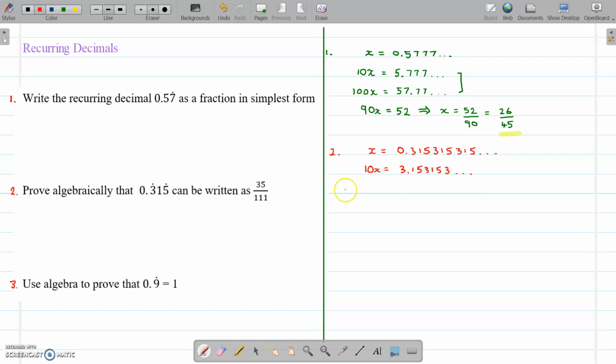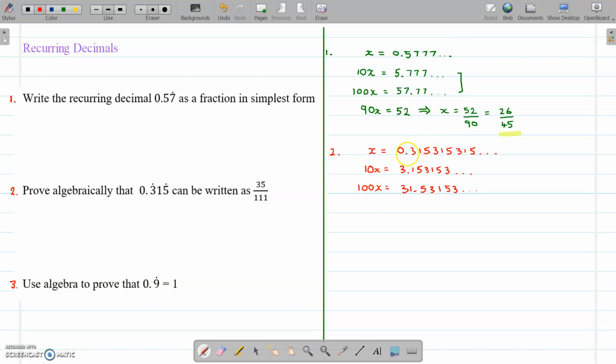Then we do 100x, and 100x is going to be 31.53 and so on, but we don't have anything matching at the moment.